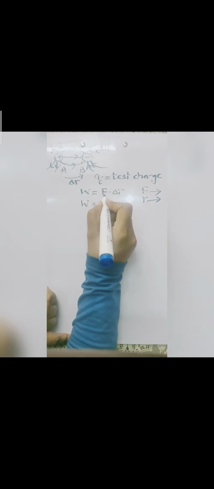Like we are having the same directions for the displacement and force. So putting the value of F, which is basically Q naught E, and the value of delta r, and when you open the dot product, you will get the maximum value, right? So this is equation 1, which we have got for work.